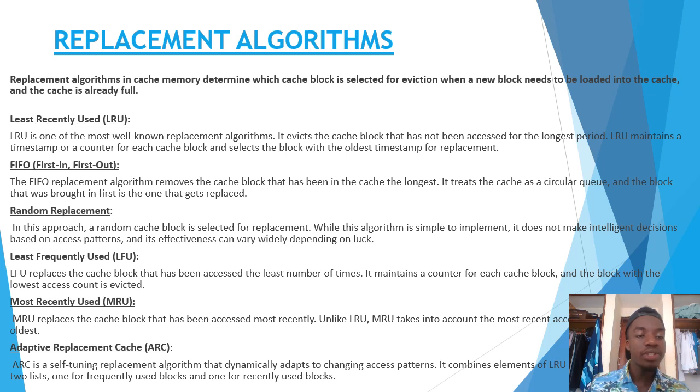We have the least recently used, which is the LRU. It's one of the most well-known replacement algorithms. It evicts the cache block that has not been accessed for the longest period. Just like it sounds, the least recently used.